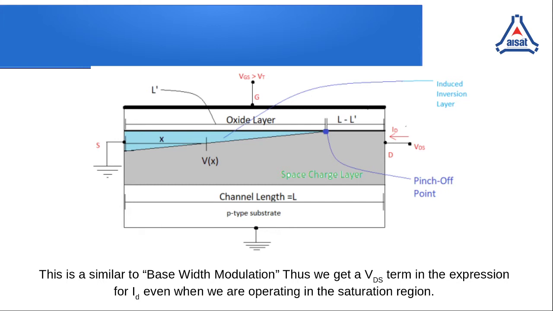And since the applied voltage between drain and source VDS is affecting the channel length, it is affecting the current ID, and that is known as the channel length modulation, which is the effect of the short channel.